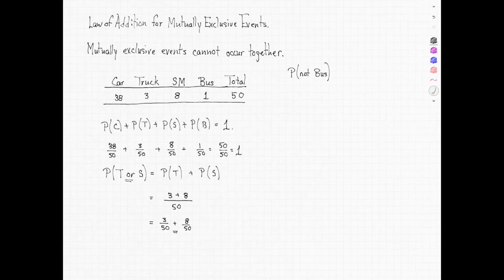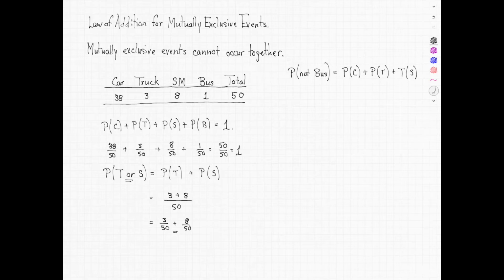I could do that by looking at this. I could get that by saying they drive a car, that's the probability that they drive a car. It's also the probability of a truck, and it's also the probability that they drive an SUV or minivan.